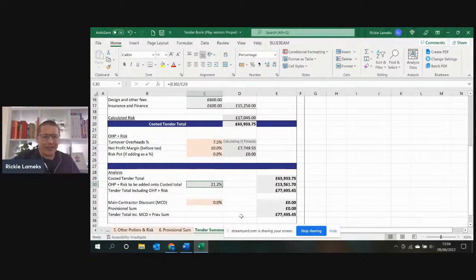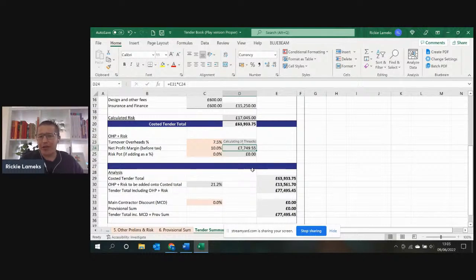So the question everyone asks is, what's the right percentage to add here? Now, as far as I'm concerned, you should be basically changing this per job. But what we usually like to say is, if I'm adding 10% or whatever percentage it is, if you turn that into pounds, so for this example, it's 7,749 pounds.